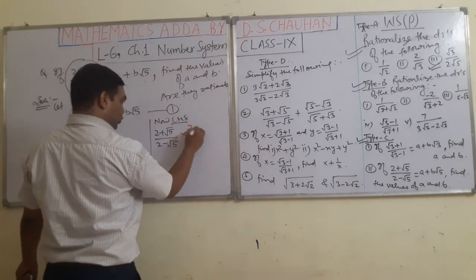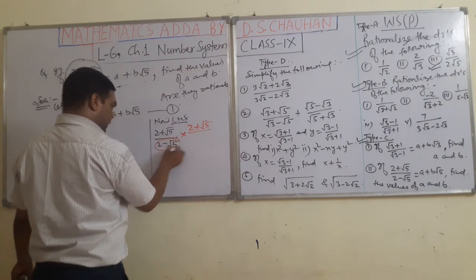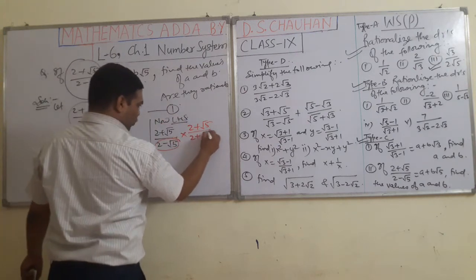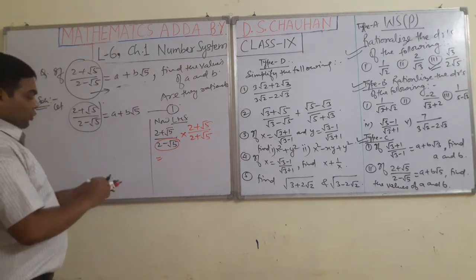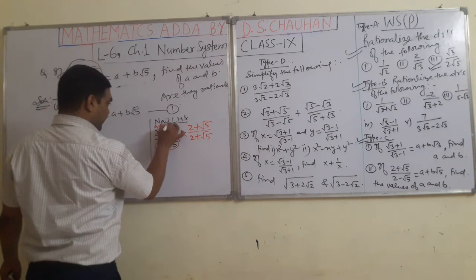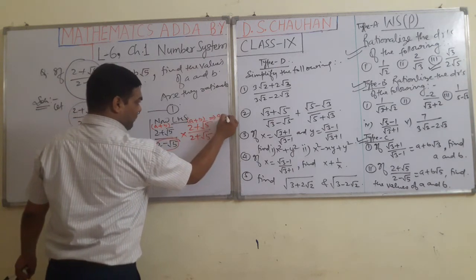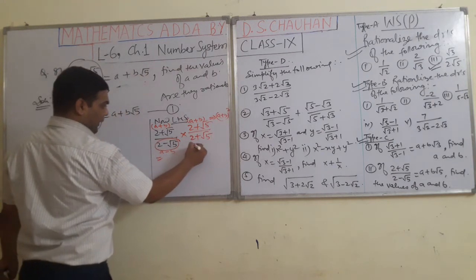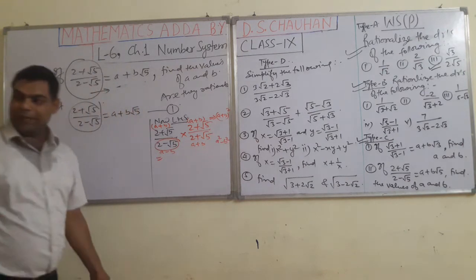What is it? 2 plus under root 5, and multiplying numerator and denominator by the conjugate of 2 minus root 5, which is 2 plus root 5. So 2 plus root 5. What will we get here? See, if you look clearly at the numerator, you have a condition like a plus b, which gives a plus b to the whole square, and in the denominator a minus b times a plus b, which gives a square minus b square.